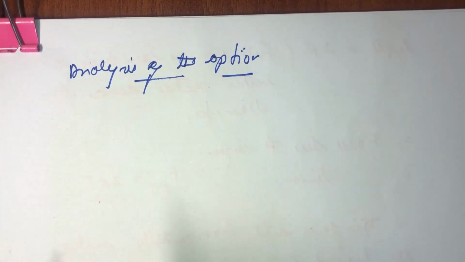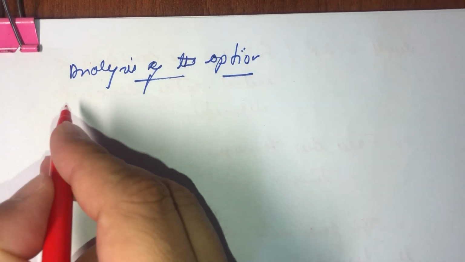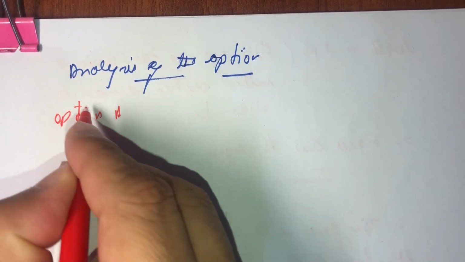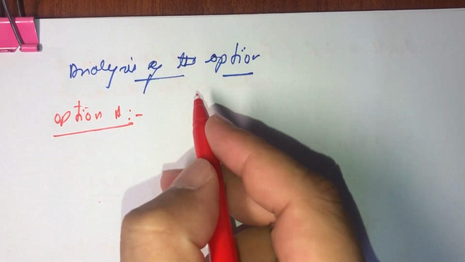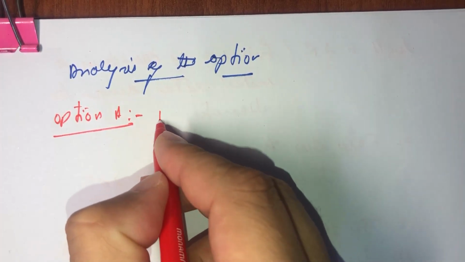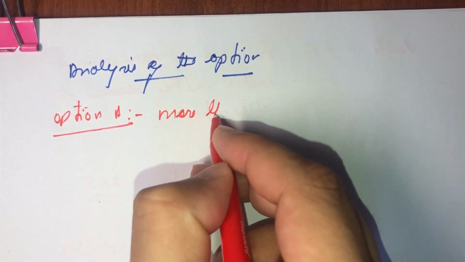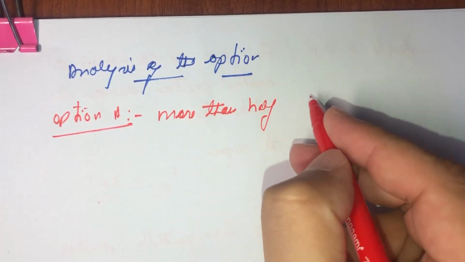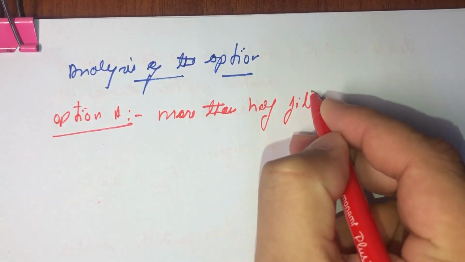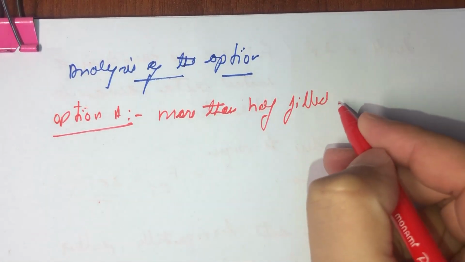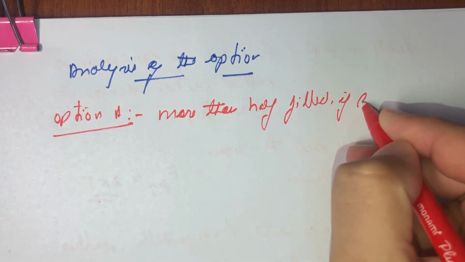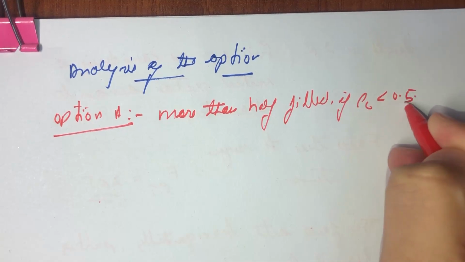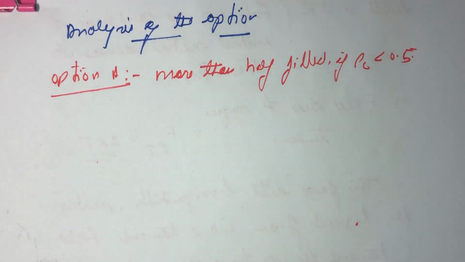So we are given option A, which says more than half filled if rho c is less than 0.5. So this is the first option.